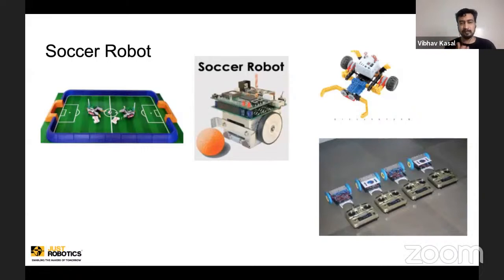So the robot will always be in a scanning mode. As soon as it picks up the radiation or intensity levels, it will turn towards that direction and go attack that ball. So you can even have autonomous robots as well as manual soccer playing robots.